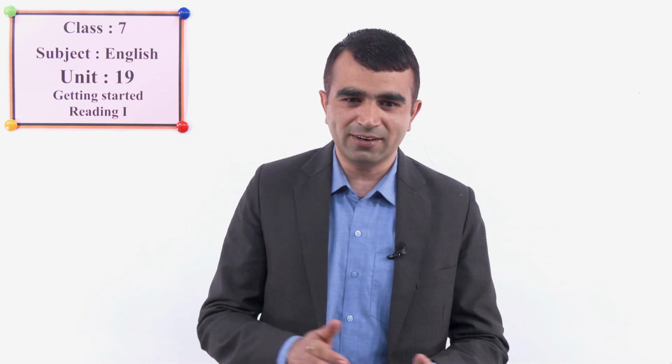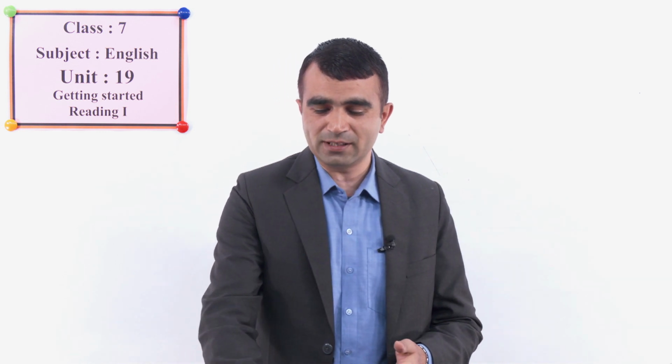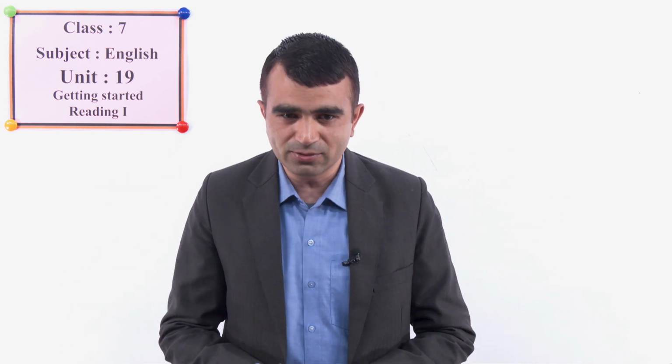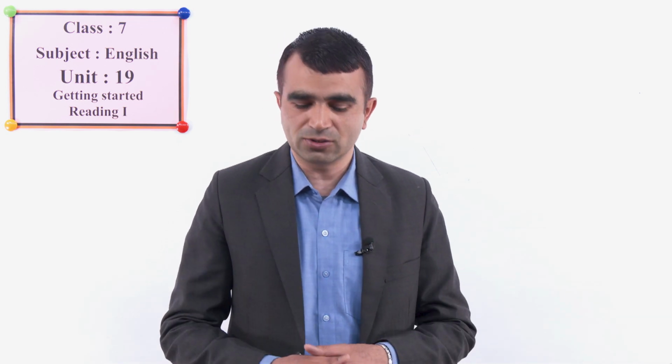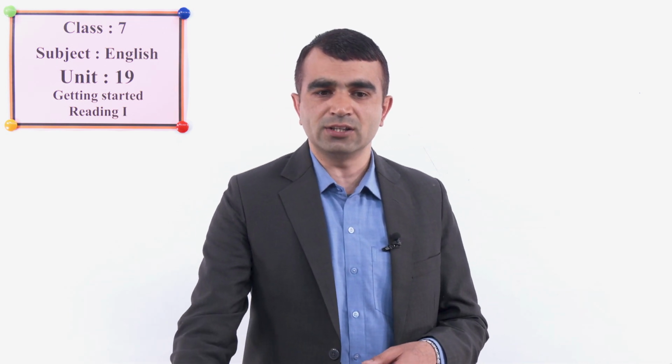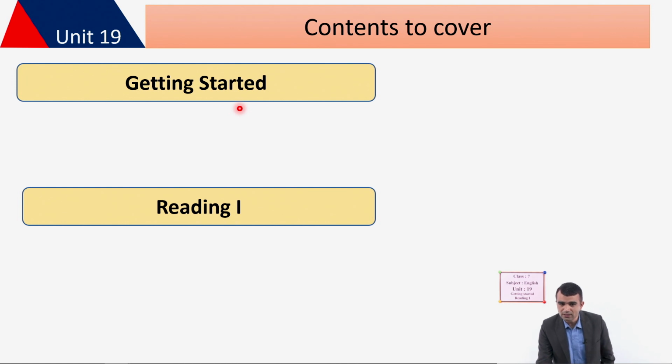Good, good. Now we can start, but in the beginning, I will show what content we will do today. The contents to cover. The first thing we will do is getting started, and then after that reading one. So, in today's lesson, within this period, we will cover two things under this unit. One getting started, another reading one.